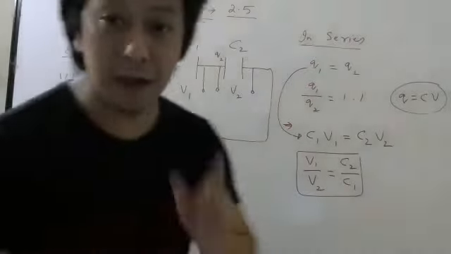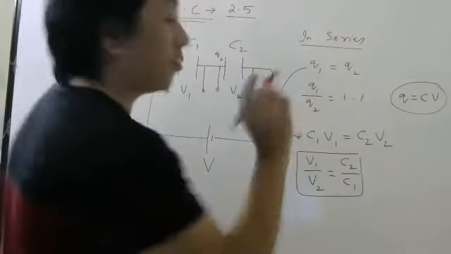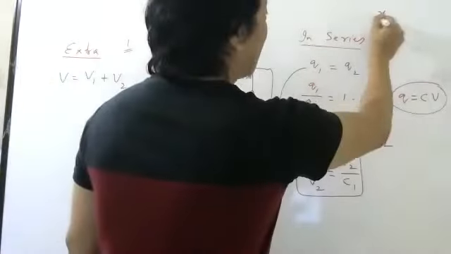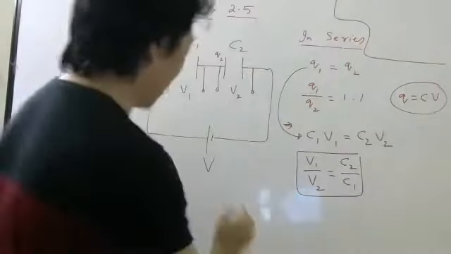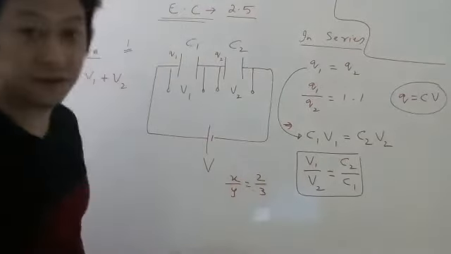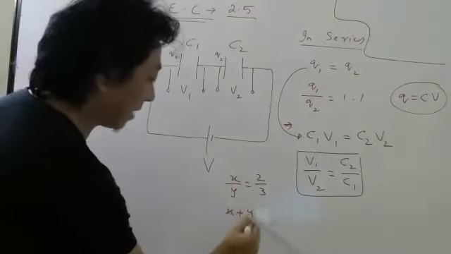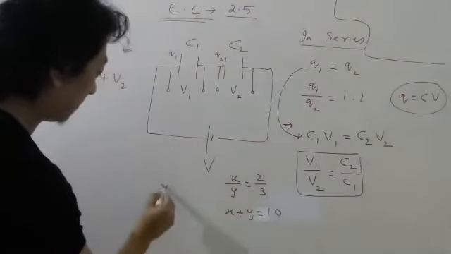Now, do you remember I have taught you already? If you know ratio and if you know sum, how many times will I tell you? Okay, look here. If X by Y is 2 by 3 and X plus Y is 10, then how to find X?